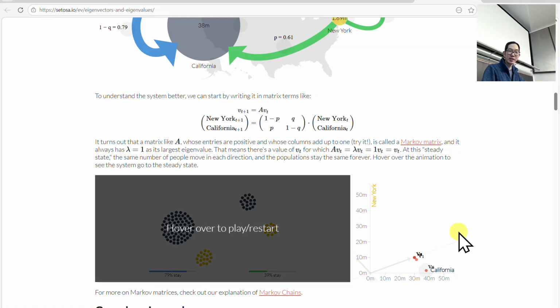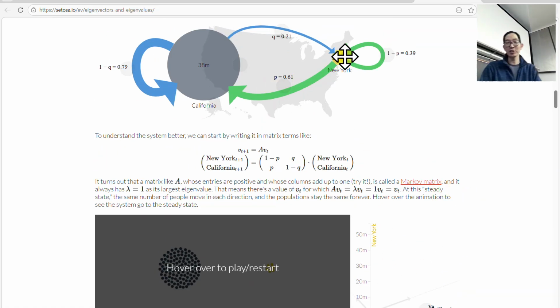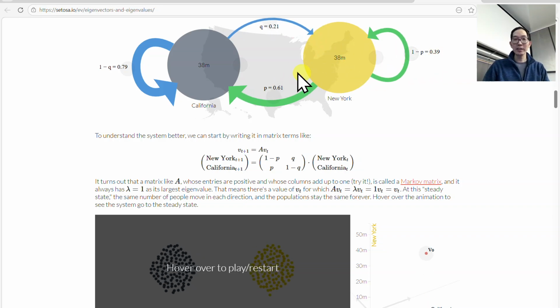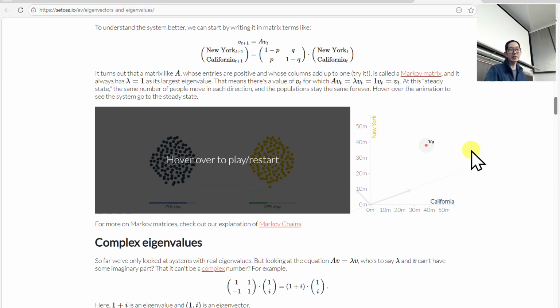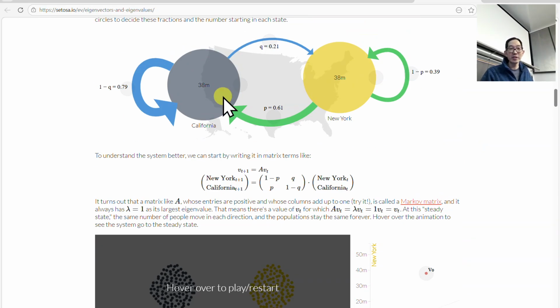And so when I start here, I could have both circles equal size, and what we're going to see is 20% of blue goes to yellow, and 60% of yellow goes to blue. And it's going to reach a steady state when you have a 3-to-1 ratio. Basically 75% are in blue and 25% are in yellow, okay?